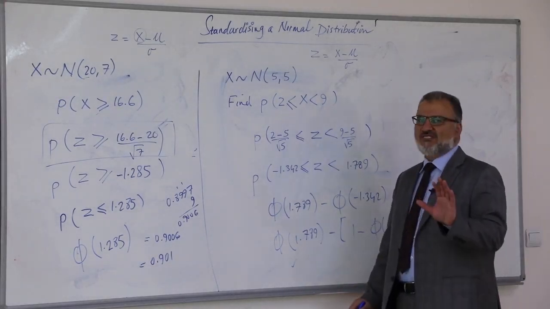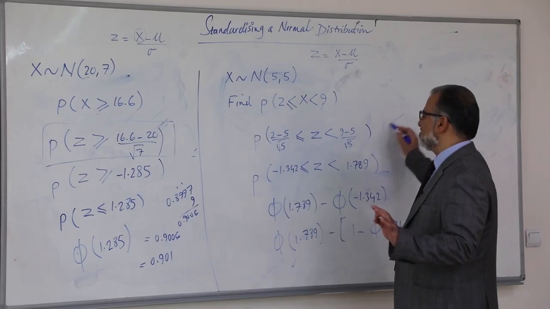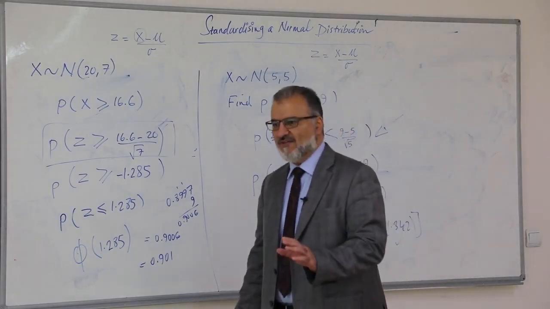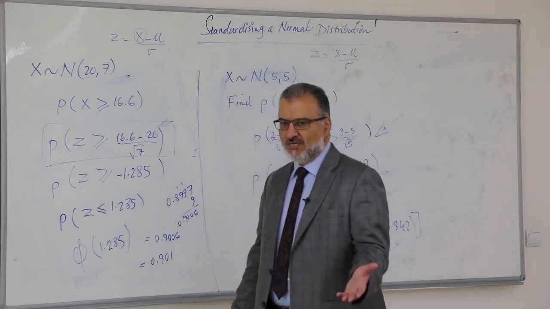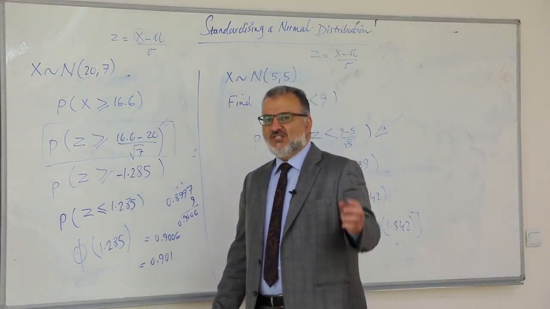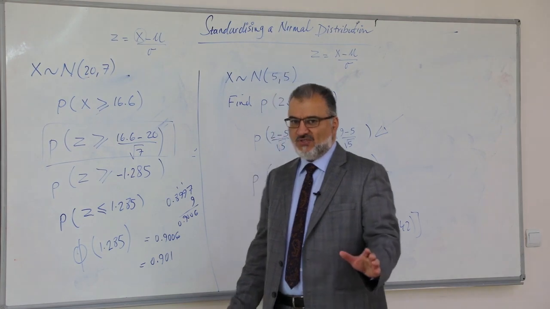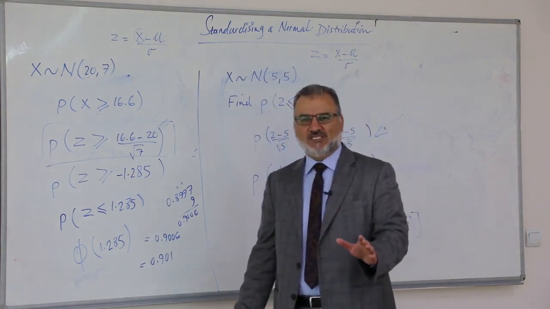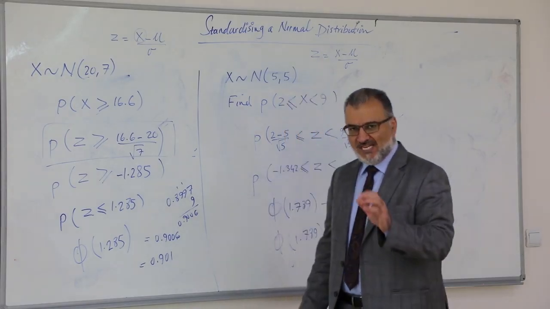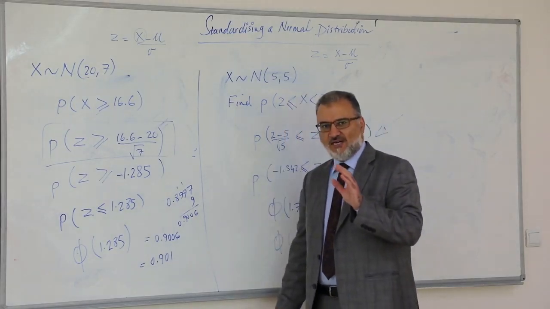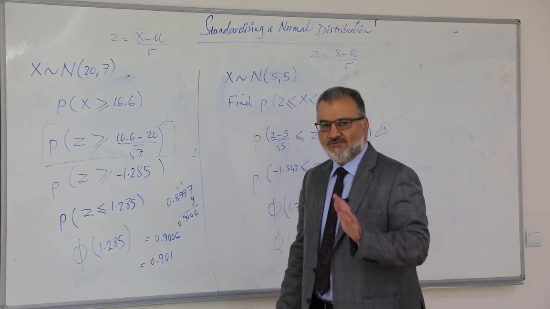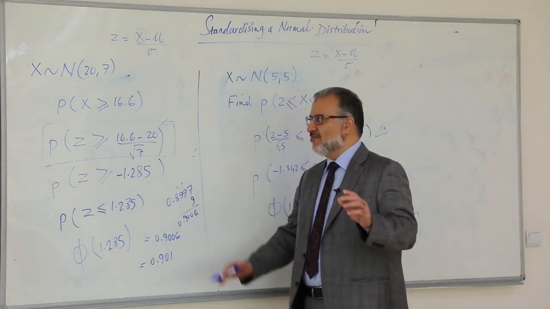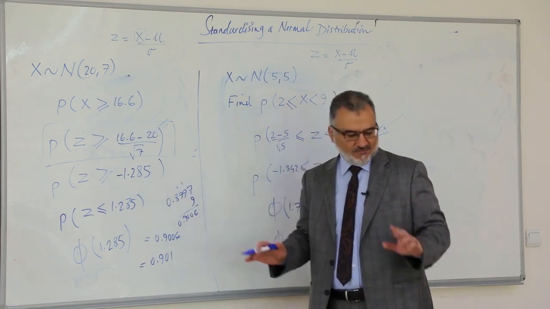So nothing is new as a matter of fact except that step, only the standardization process. So once we have a normal distribution, no matter the values of mean and variance, we can find the probability of that random variable easily using the standard normal distribution by the process of standardization.